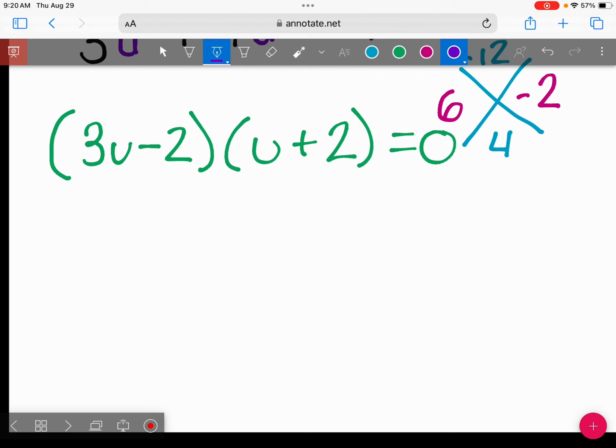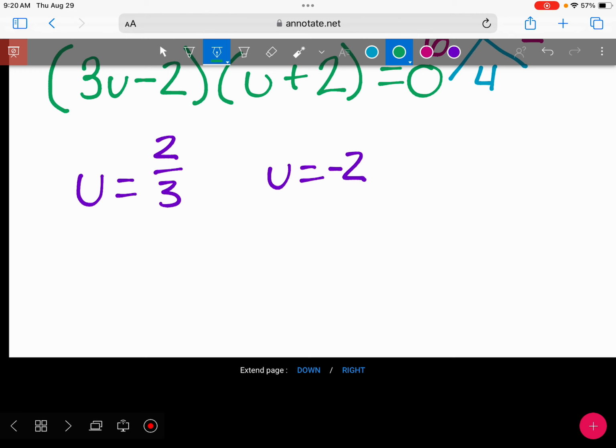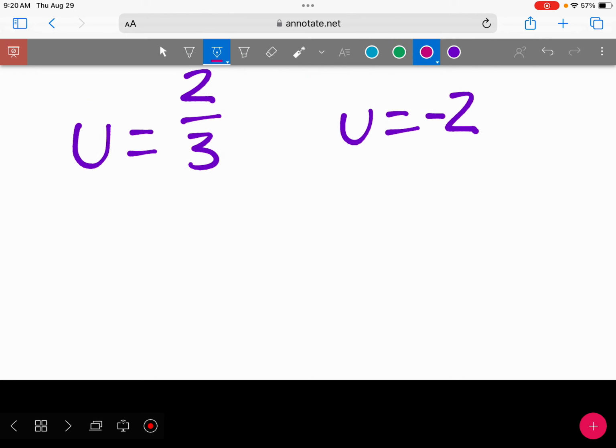All right, so what are our solutions? Sorry. Yep, u equals 2/3 and u equals -2. But I don't want to stop at u equals, I need to get back to my x.